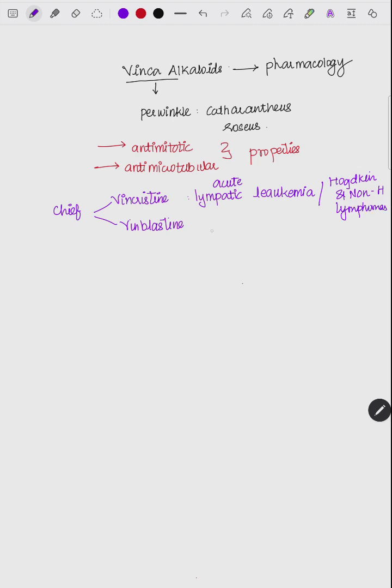And vinblastine is generally used for Hodgkin lymphomas.